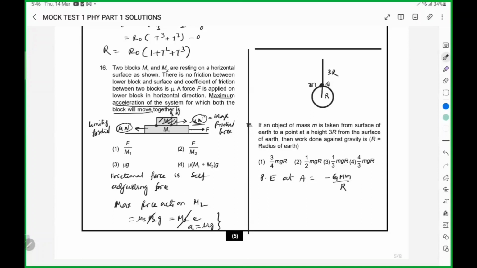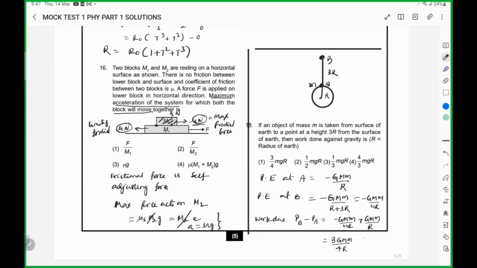When it is taken to a height 3R, the potential energy at B will be minus GMm by the distance from the center. From the surface it is 3R, from the center it is 4R. So the work done is potential energy at B minus potential energy at A. So plus GMm by R, which is 3GMm by 4R.